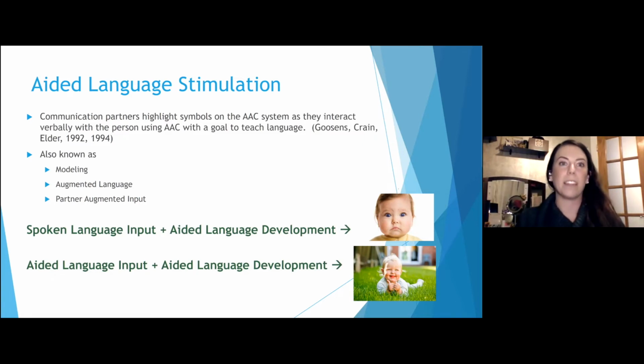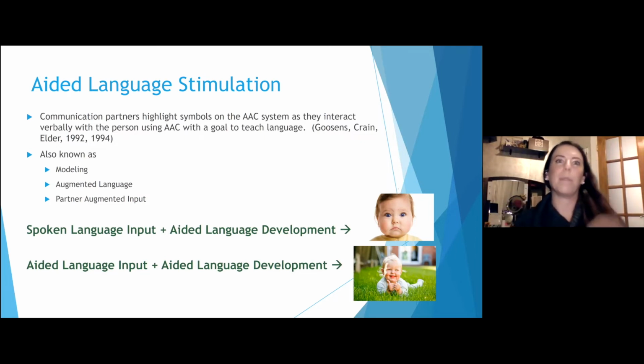I have to provide them with that aided language input. I have to show them this is more. I can still verbally say it, but I have to show them the sign for it, and then be able for them to grasp on that and to grasp, okay, this is the type of communication I'm going to use. I'm going to sign for more. May not be able to say it, but I know that when you say more and you sign more at the same time, you're getting more of something. I'm going to do the same thing.